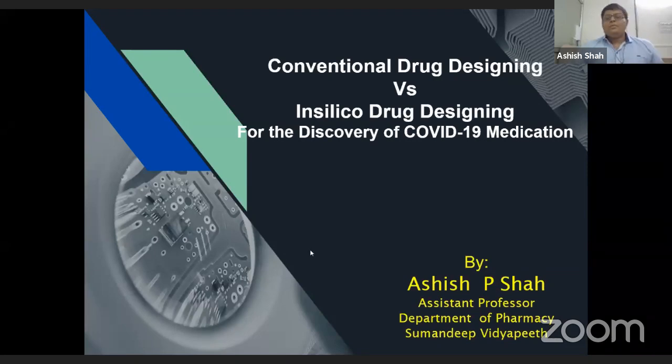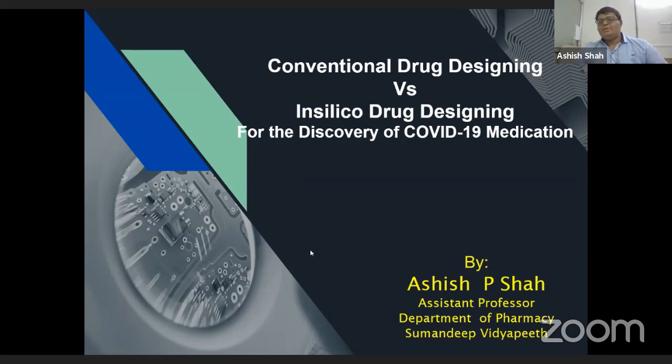Okay. So, as ma'am has mentioned, today's topic is really interesting. That is conventional drug designing versus in silico drug designing for the discovery of COVID-19 medication. Before I start, I want to divide this topic into three categories.